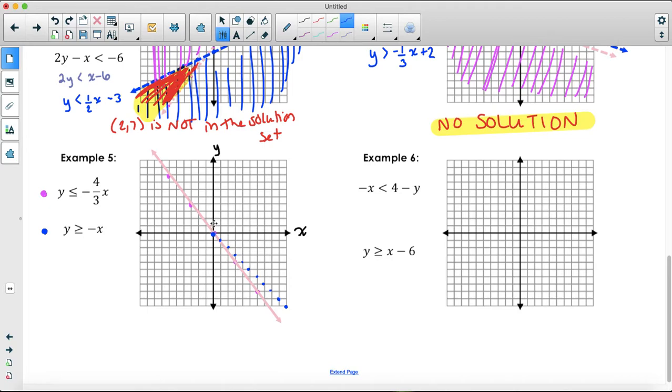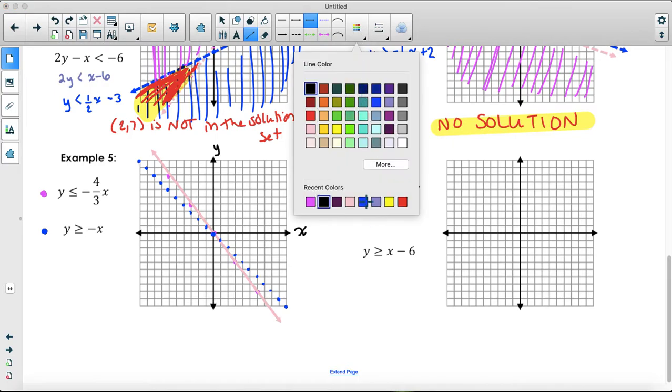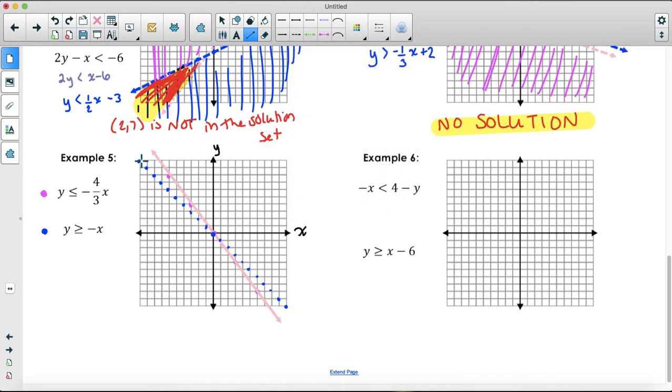So then we can also go positive 1, negative 1, positive 1, negative 1, positive 1, negative 1. This one will also be a solid line. So I will connect these using a solid line.